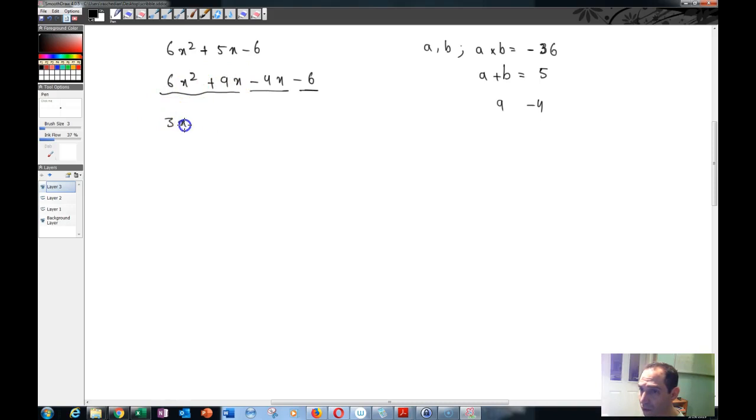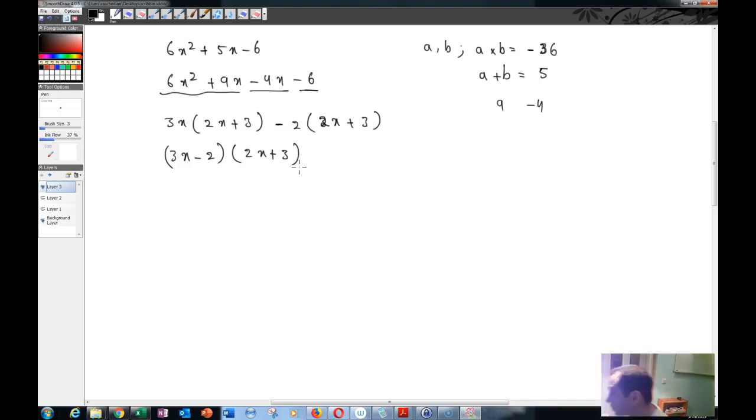Take a 3x out, so that's 2x plus 3. And here take a negative 2 out, that would be 2x plus 3. And that's equal to 3x minus 2 times 2x plus 3. That's the factorized version of this polynomial.